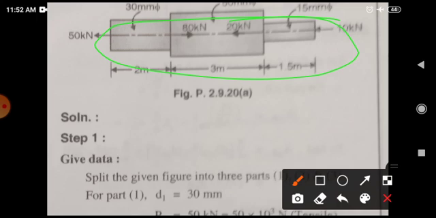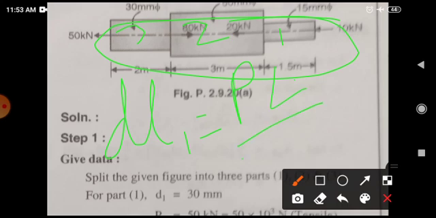Let's not calculate all this simultaneously, let me calculate one by one. I have given the numbers 1, 2, 3, so let me calculate DL1. What is the formula that we had?